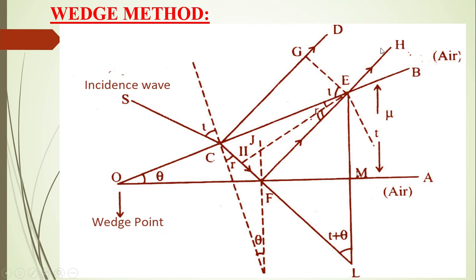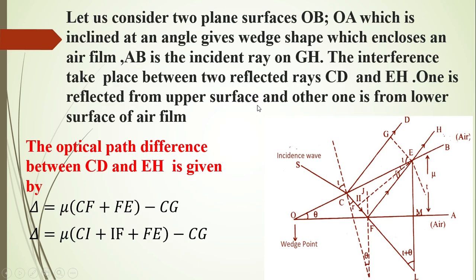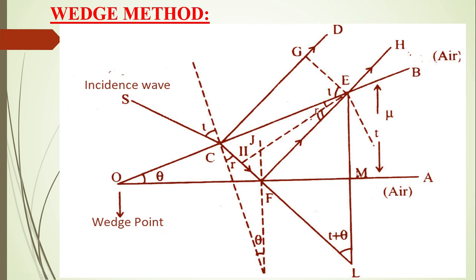Now we find the path difference between the two reflected rays CD and EH. t is the thickness of the film and mu is the refractive index of the film.